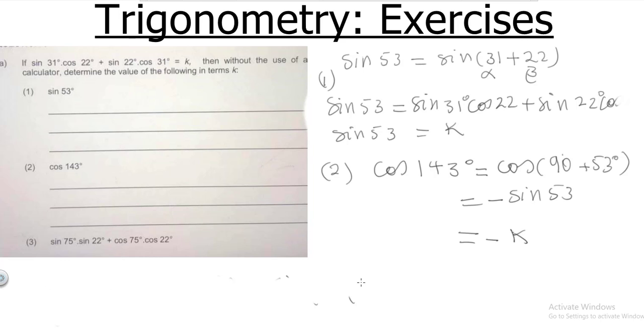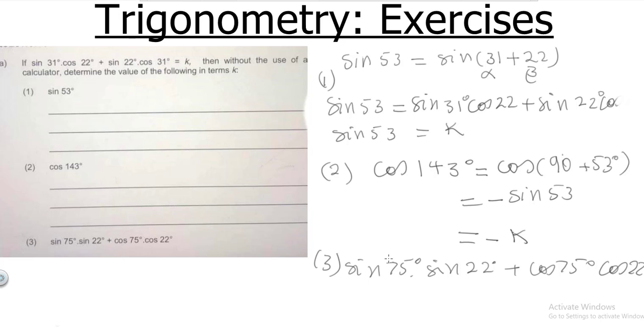Number 3. When you look at number 3 now, we have sin 75 sin 22 plus cos 75 cos 22.